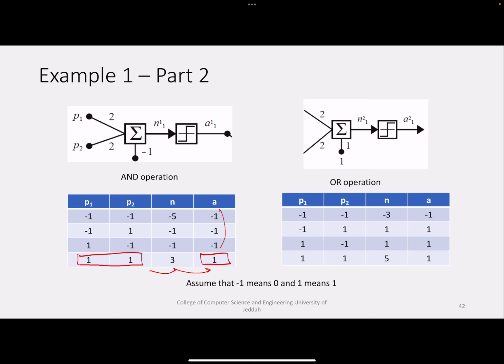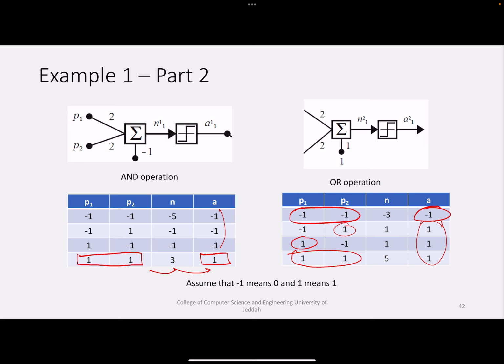For the OR gate, as long as at least any one input is 1, the output will always be 1. The only case that both inputs are minus 1, the output is also minus 1.